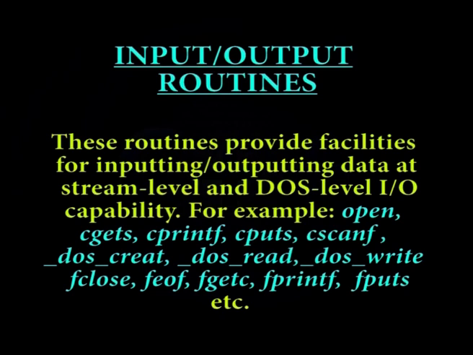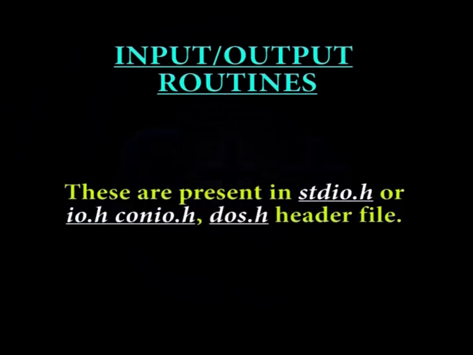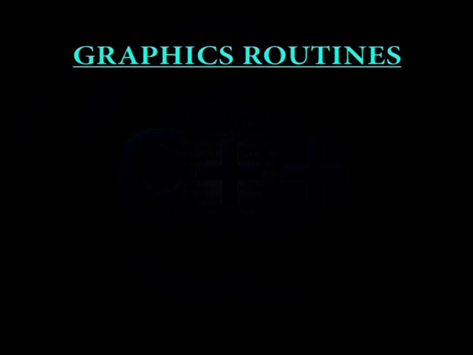For example, open, cgets, cprintf, cputs, cscanf, dos_creat, dos_read, dos_write, fclose, feof, fgetc, fprintf, fputs, etc. These are present in stdio.h or io.h, conio.h, dos.h header files.